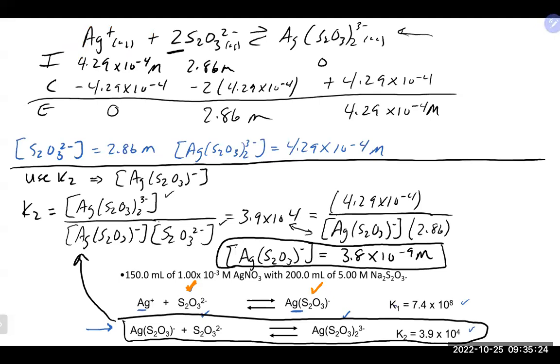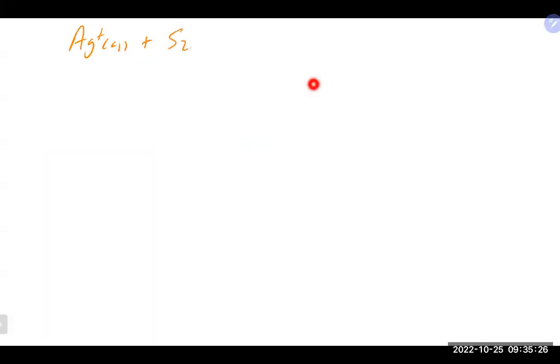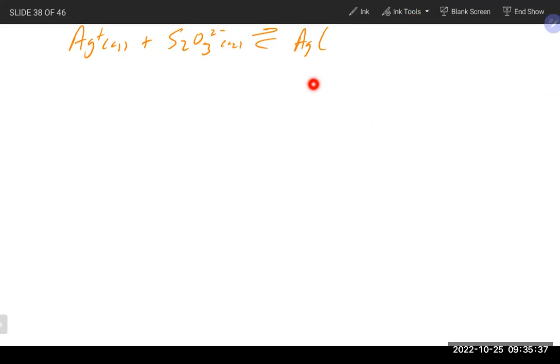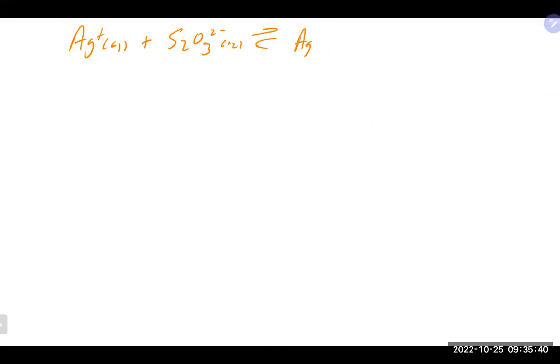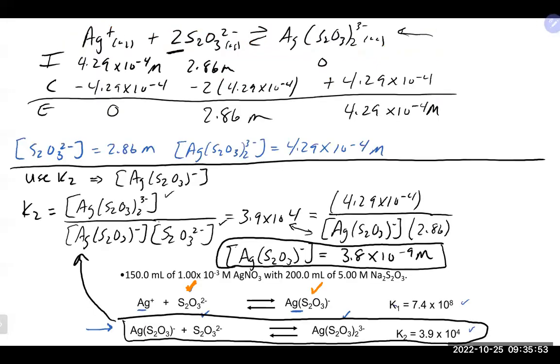So our silver plus our ligand, which is S2O3 2 minus, going to make AgS2O3 minus. And again, this is the K1 expression, which means I do want to use the K1 value here, which is 7.4 to the 8.